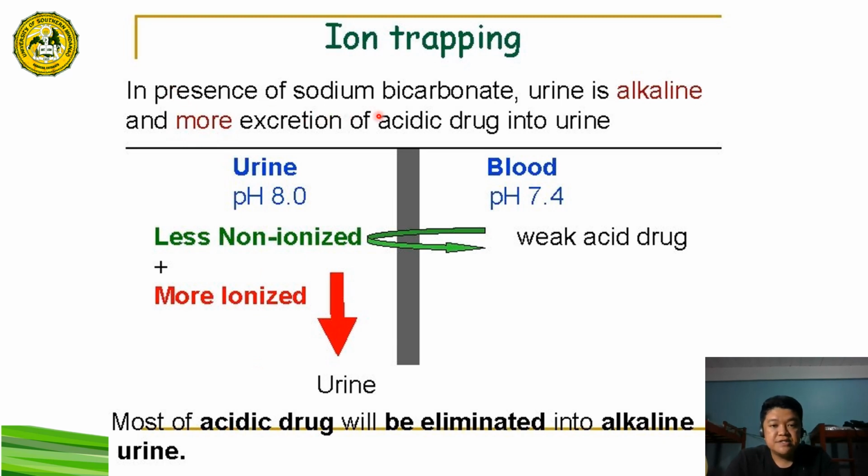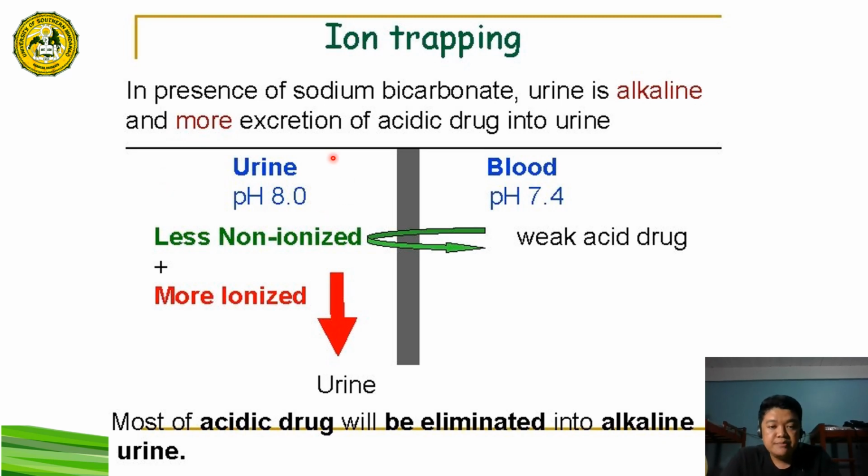In the presence of sodium bicarbonate, the urine is alkaline and more excretion of the acidic drug will happen in the urine. So for example here, we have our urine and we have here the blood. The blood has a pH of 7.4. In the case of toxicity with an acidic drug, we can alkalinize the urine by administering sodium bicarbonate, an alkalinizing agent.